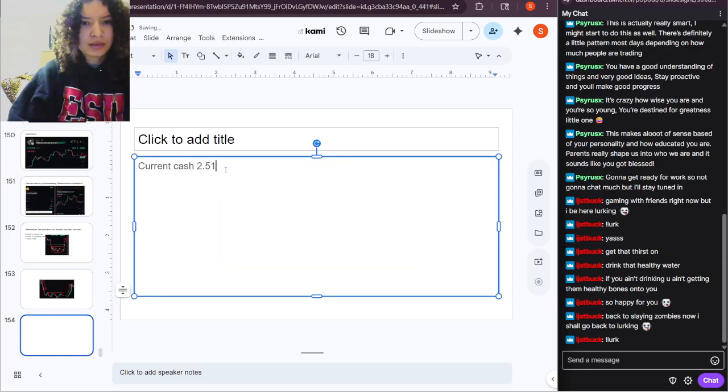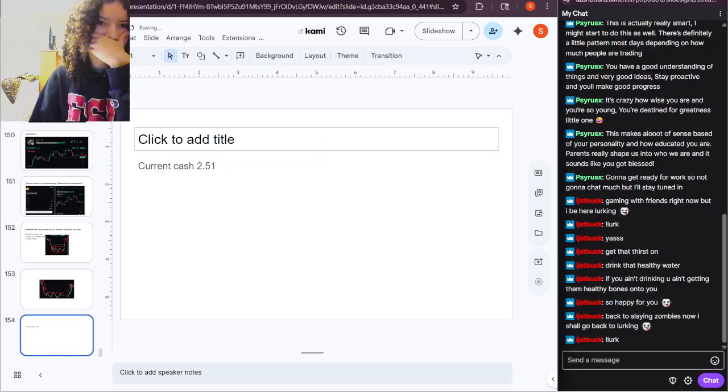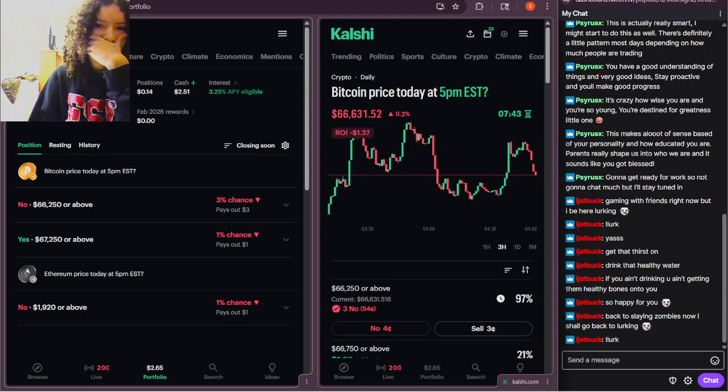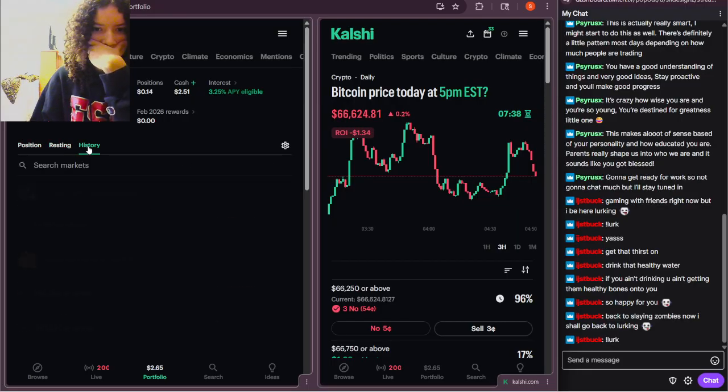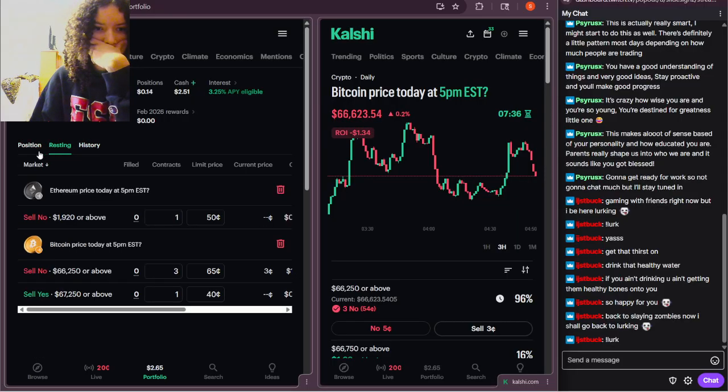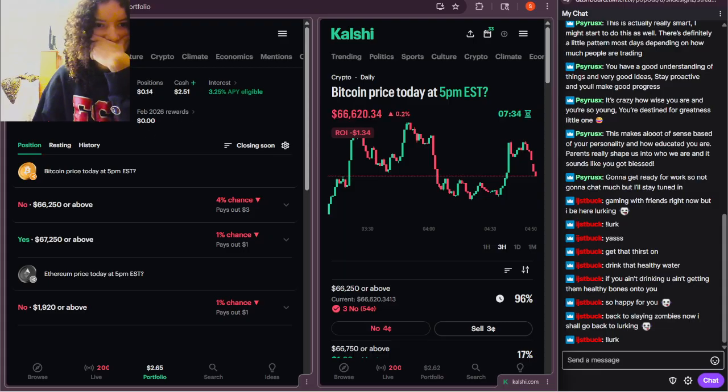Current cash 251. Listen, I think if I follow my pattern and this thing doesn't be stupid, then I'll be fine. These ones are cooked, but it's okay.